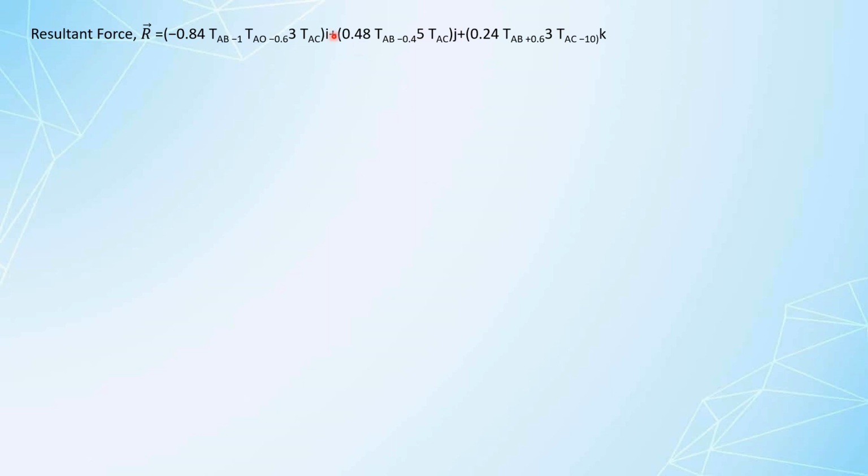So whatever term comes with i is known as the Rx value, that is the x component of resultant. Whatever term comes with j is Ry, and whatever term comes with k is your Rz. And now the equations of equilibrium are Rx is equal to 0, Ry is equal to 0 and Rz is equal to 0. So we will be equating these three terms to 0.